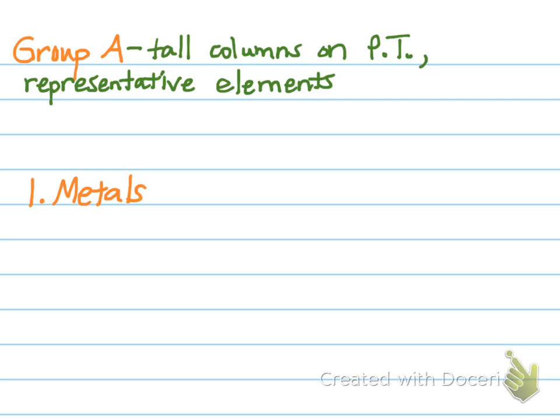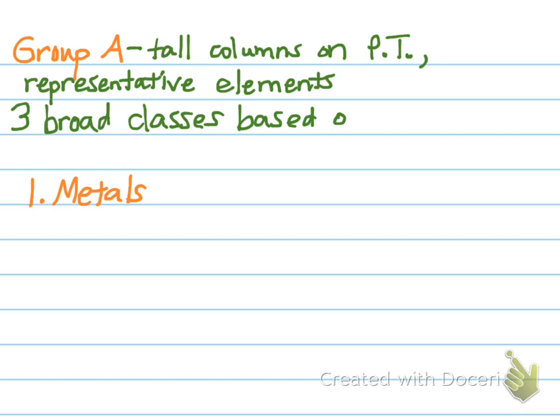And these representative elements, and all of the elements really on the periodic table, are broken into three broad classes. Basically a way that we can sort all of the elements based on their general properties.